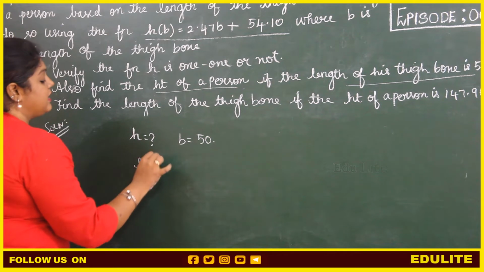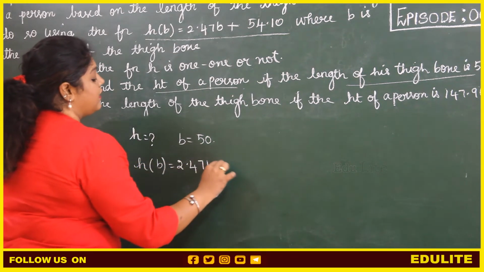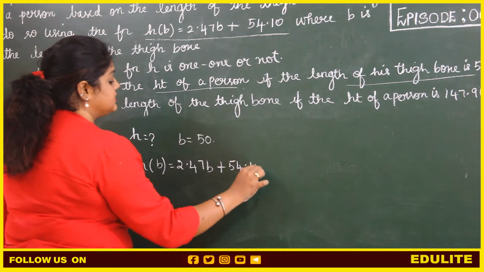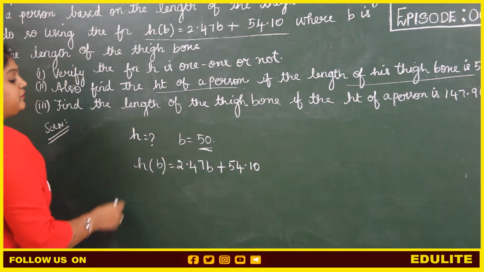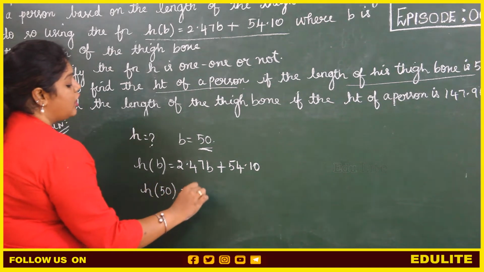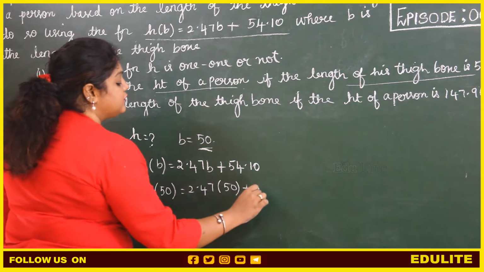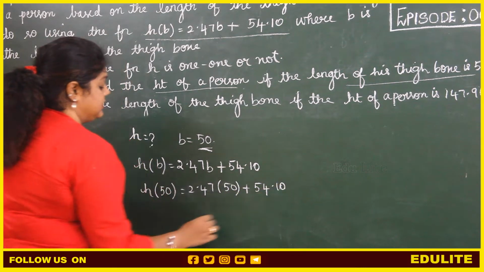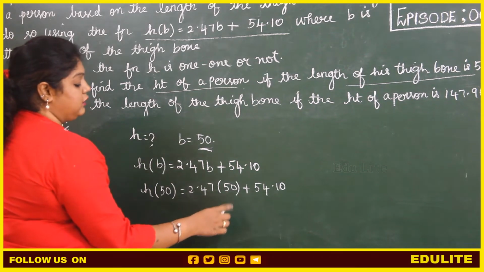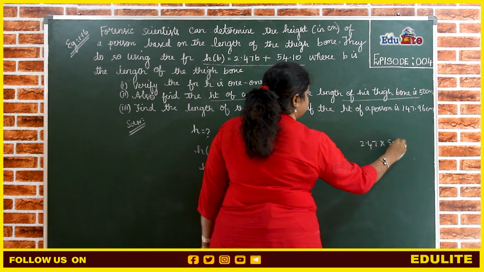So, h of b equals 2.47 b plus 54.10. b value is given as 50 to find the value of h. Therefore, h of 50 equals 2.47 into 50 plus 54.10.